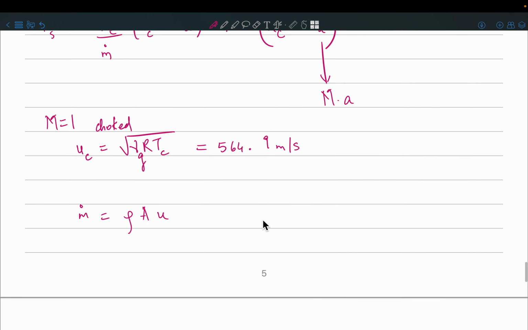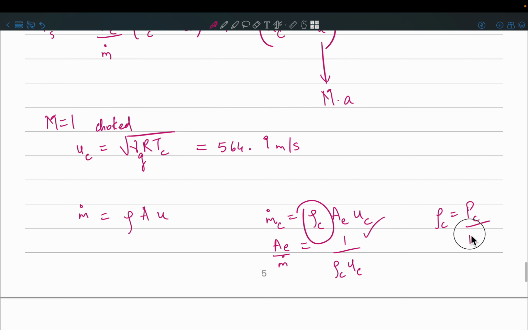So at the choked condition, I know that m dot is rho C, A exit, and UC. So we know UC, and we basically need to find AE by m dot, which is nothing but 1 by rho C UC. The only thing I don't know here is rho C, but I can find that as PC by R TC, and we know PC, we also know TC.